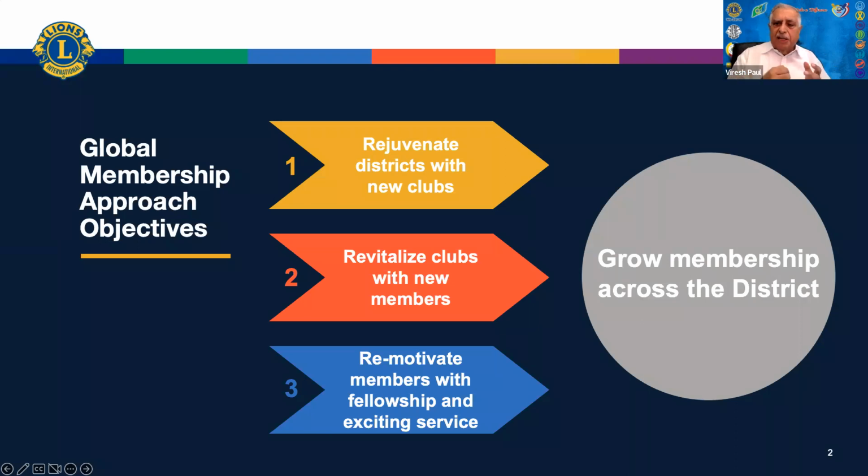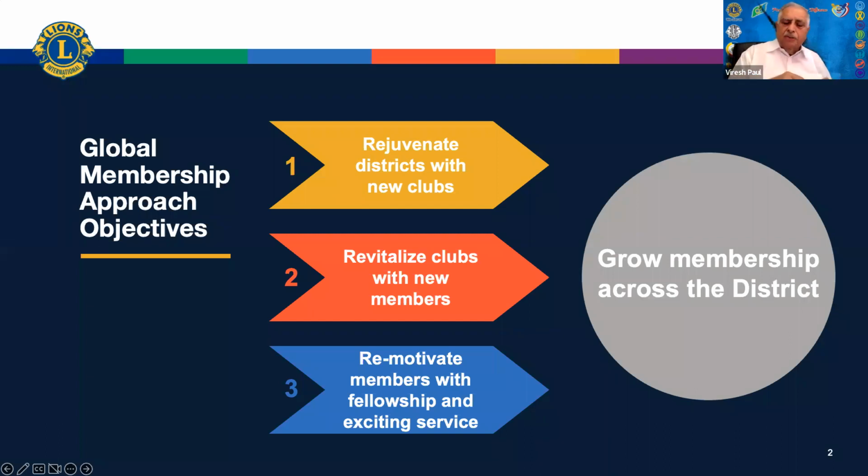Hopefully, by the end of today, you will have picked up some ideas so you can go back and revitalize your clubs, your zone clubs, and clubs in the district so we can get new members. Because the objective at all stages, if you see where the arrow is headed, is growing membership across our district. And the third part, number 1, is rejuvenate our district with new clubs.